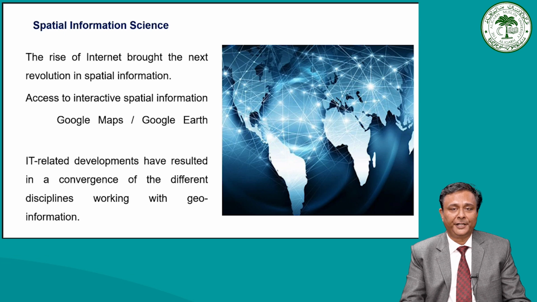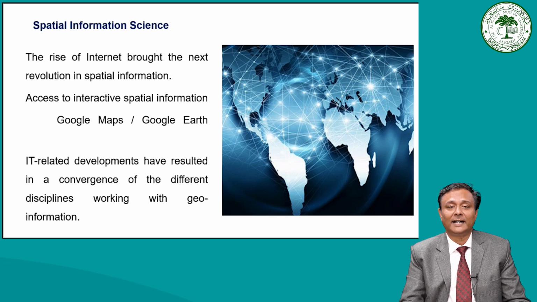The rise of the internet brought the next revolution in spatial information. Access to interactive spatial information is no longer limited to professionals now. Products such as Google Maps or Google Earth even allow people to add their own data to the offered spatial information and share it with others with a click of the mouse.